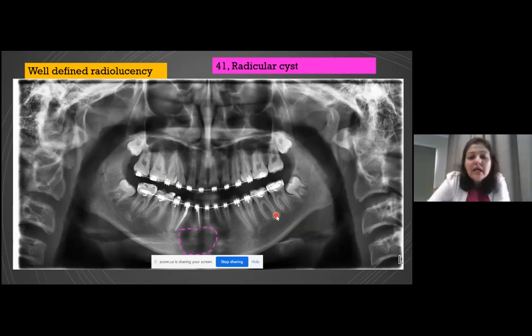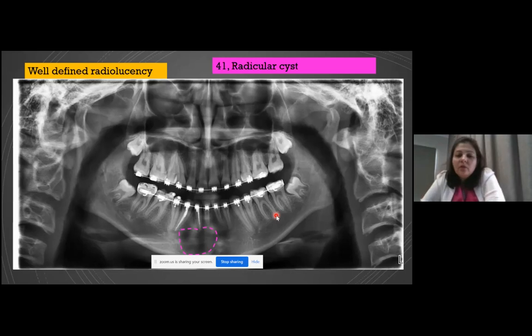It's a 4-2. It actually turned discolored. So it's a root canal treated tooth. So definitely the root canal has failed, and that's why the patient developed a radicular cyst during the orthodontic treatment of the case.